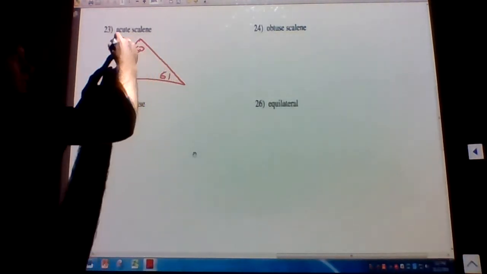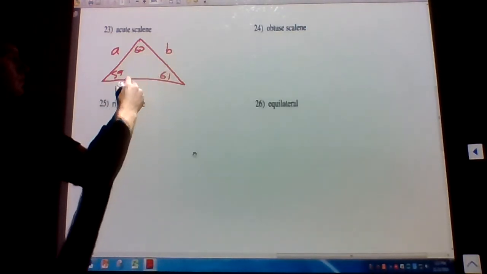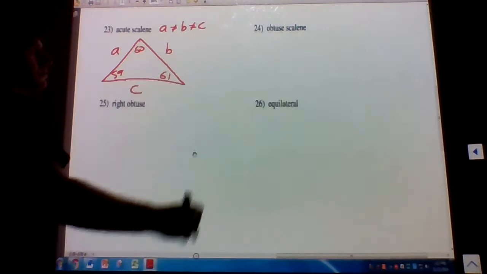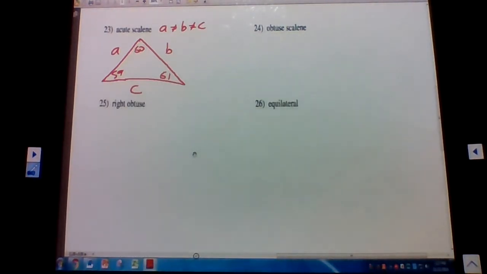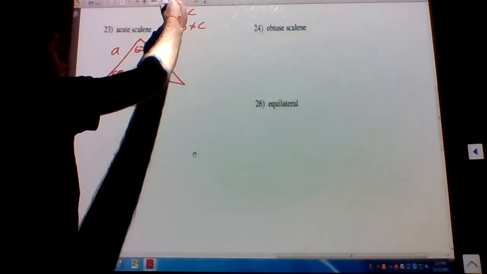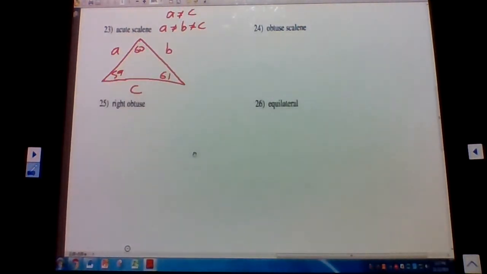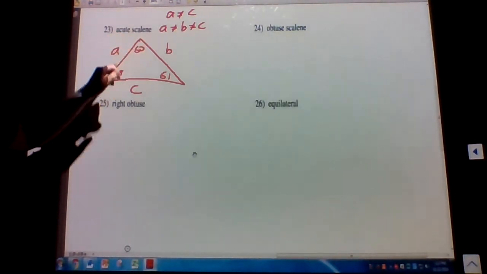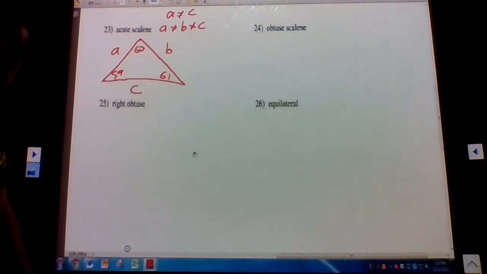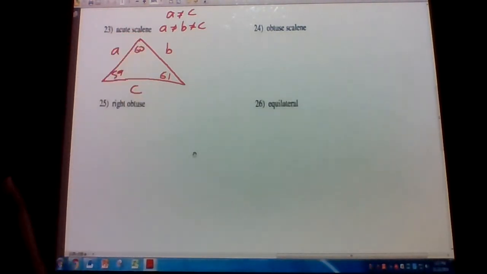Let's just say A, B, and C. A does not equal B, B does not equal C, and also A does not equal C. The point is, scalene, these are different, and acute, so these are all less than 90. And these can't be the same because then it wouldn't be scalene.